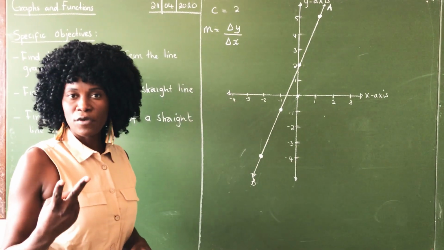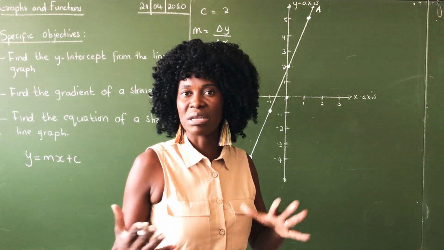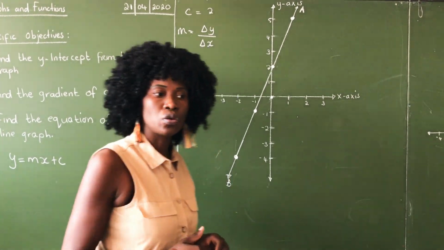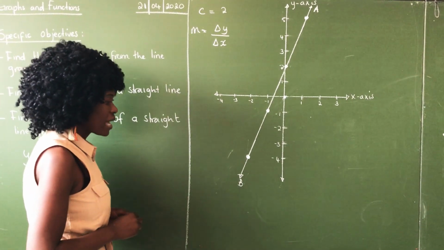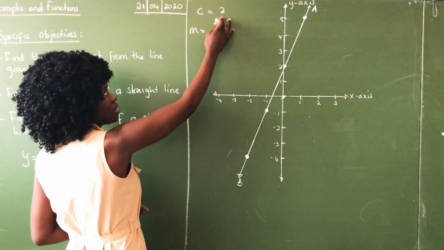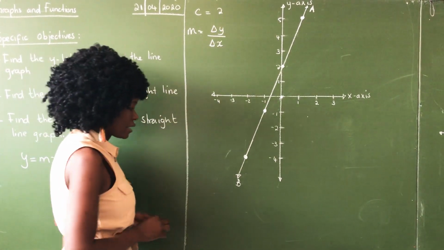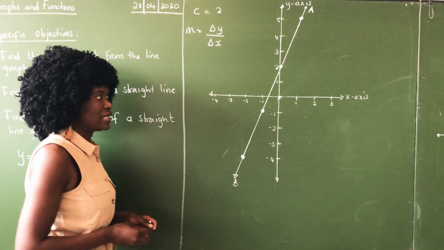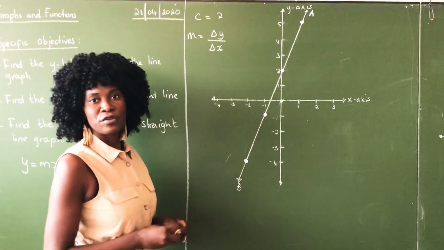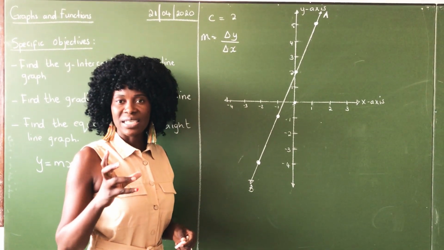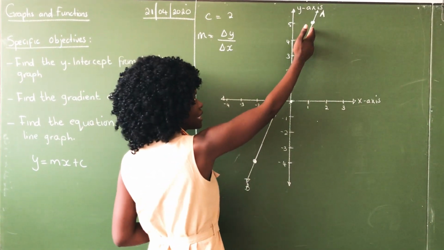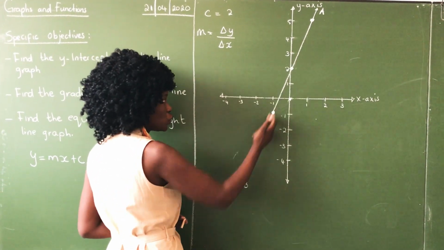I will give you two formulas, and then you will see which one is easier for you to use when you are doing the calculations. Now using this formula, change in y over change in x, I always find it easier if you draw a right angle triangle using the straight line graph that is given to you.